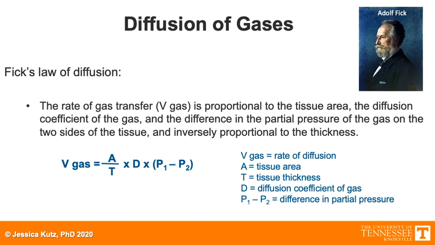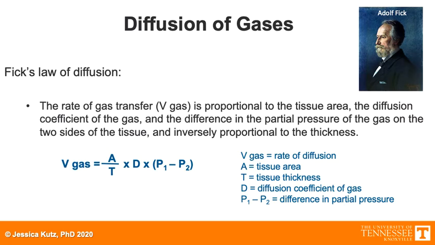A person we have to thank for our understanding of diffusion of gas is Adolf Fick, who was a German-born physician and physiologist. What Adolf Fick did was he told us what the variables are that determine gas diffusion.